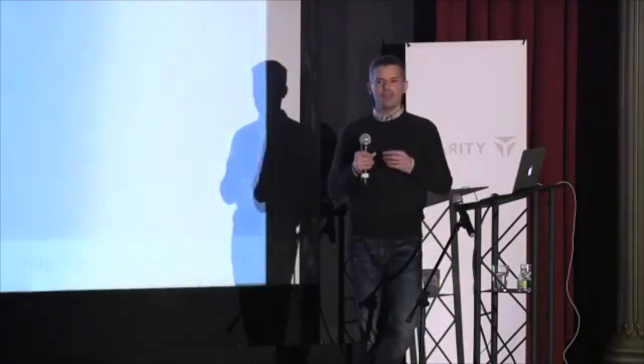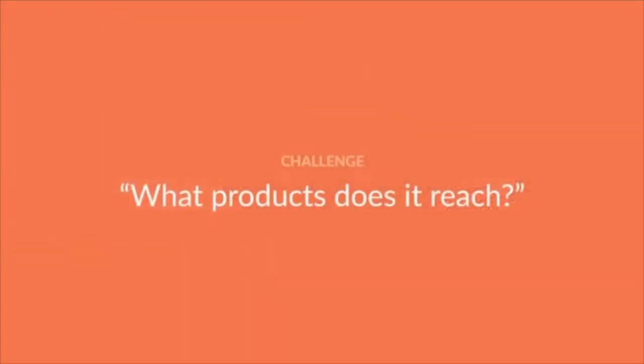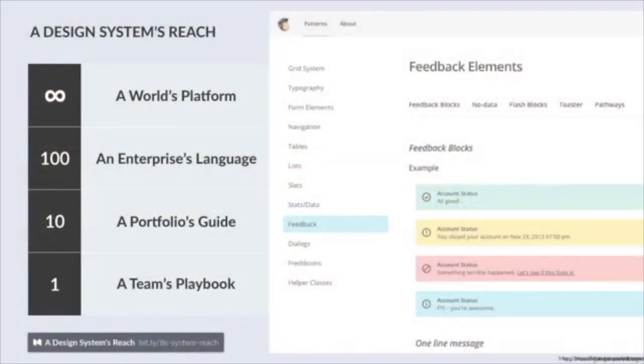And so I think about, what products is this thing going to reach? And so design systems have a different reach. They're not all Foundation or Bootstrap or Pattern Lab. Those things reach the world, right? And in fact, the people that build those are creating systems for people that create systems for people that create products.